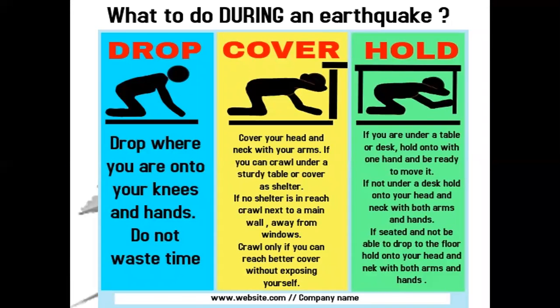And of course, if you find this shelter, you can hold onto it. That way, if it moves, you move with it. And if you're seated and not able to drop to the floor, hold your head and neck with both arms and hands.